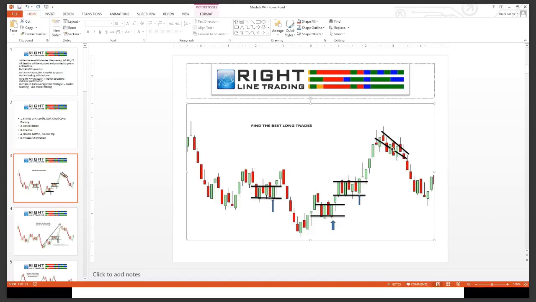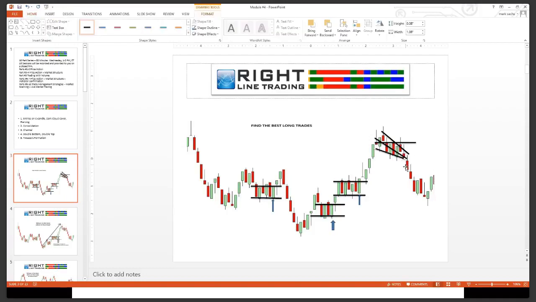Now, if you look inside here, what you have is a falling triangle inside a falling channel. You can see that you have 2 equal highs, 2 lower lows, and then you have the sequential lower highs here, 2 equal highs, then a lower high.